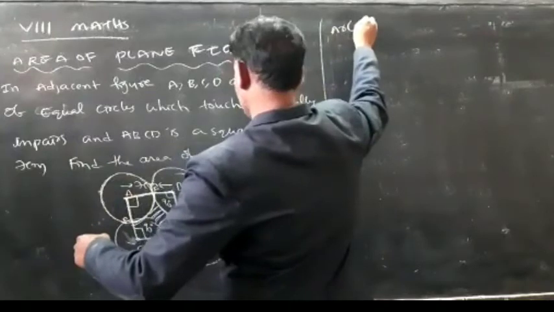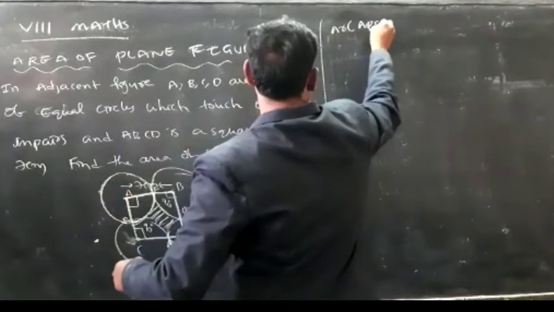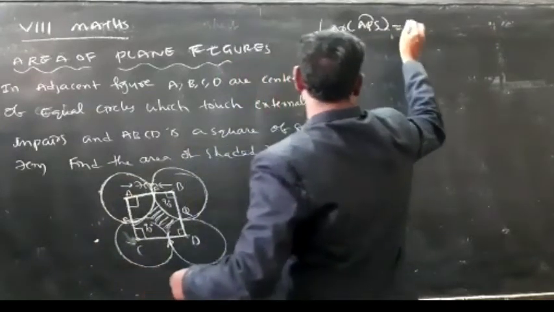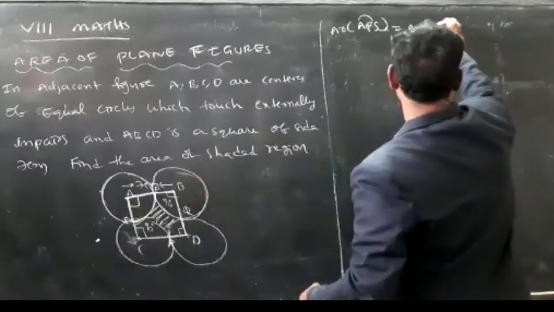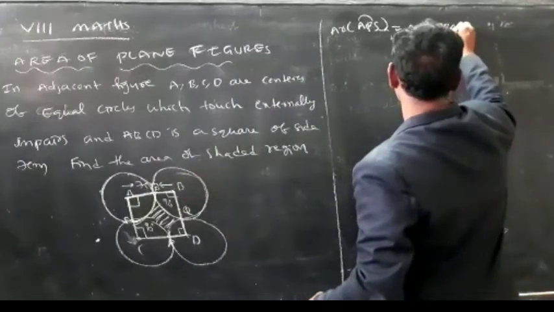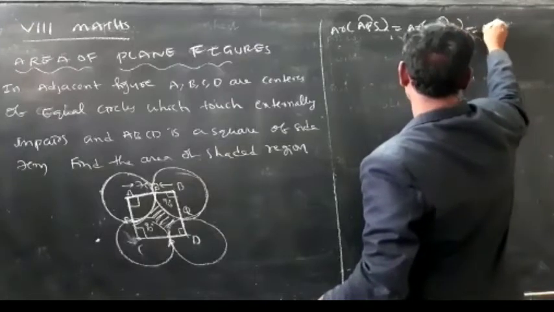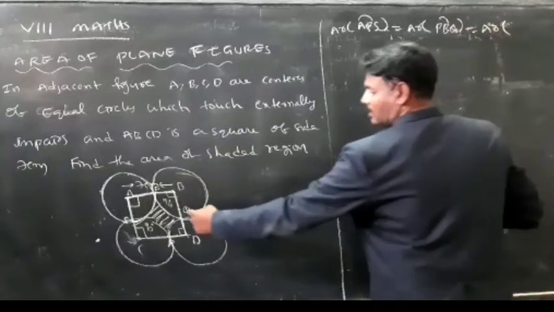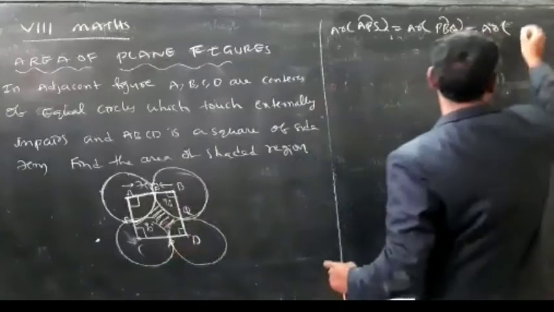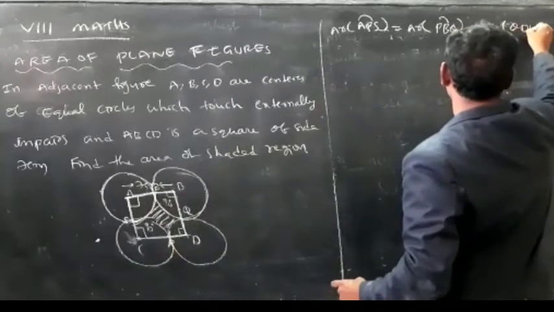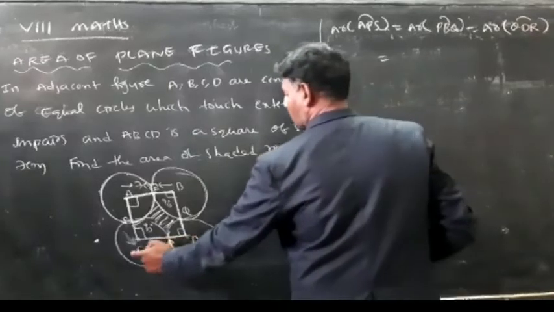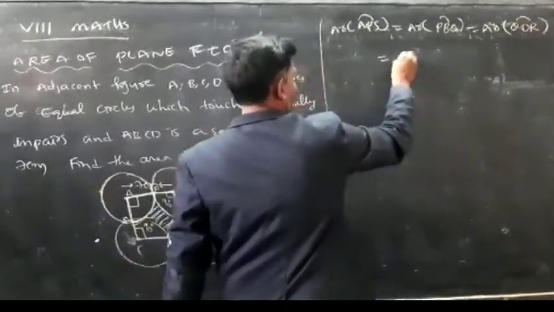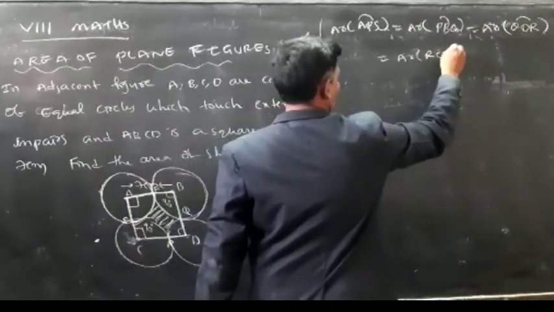Area of APS sector is equal to area of PBQ sector, is equal to area of QDR sector, is equal to area of RCS. All are equal.